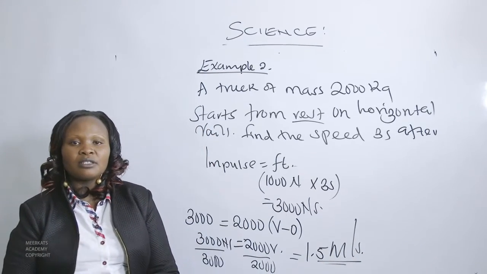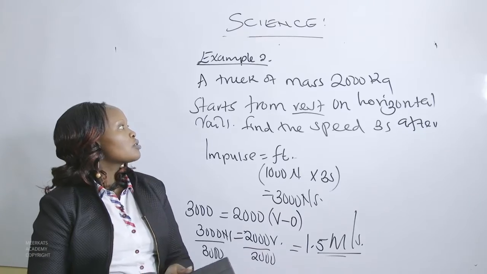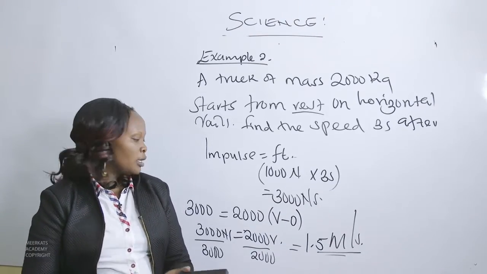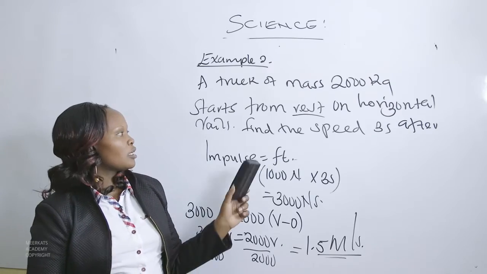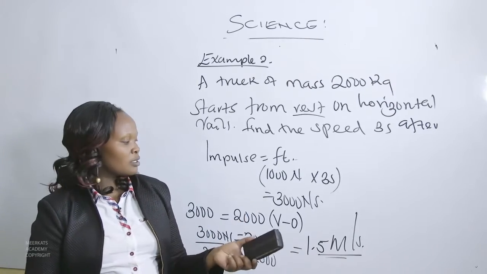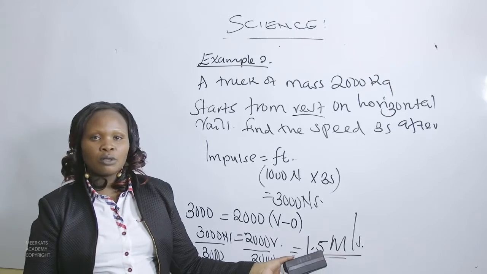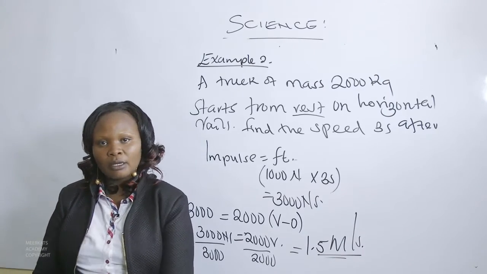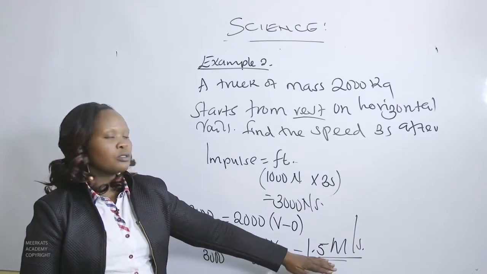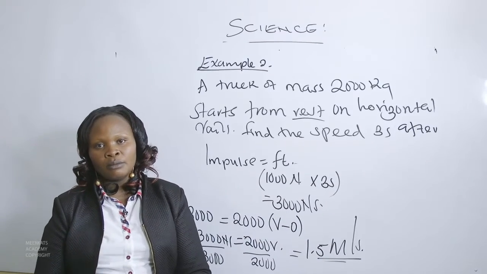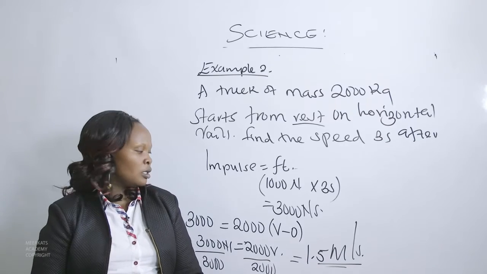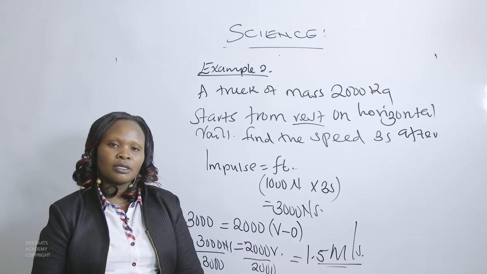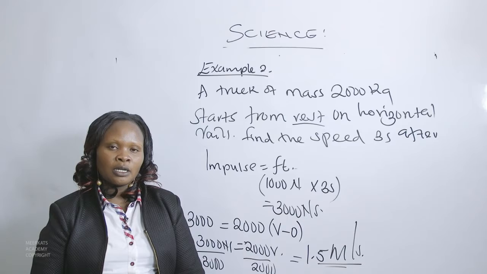So this impulsive force that we have introduced onto our truck is going to offset the balance. Therefore, our truck is no longer going to be at rest, and it's going to accelerate within the time given to about 1.5 meters per second.